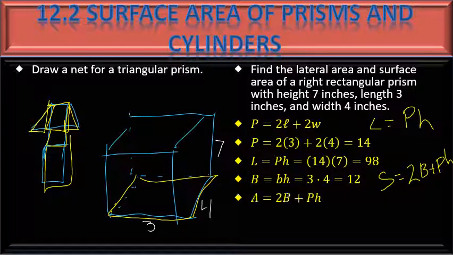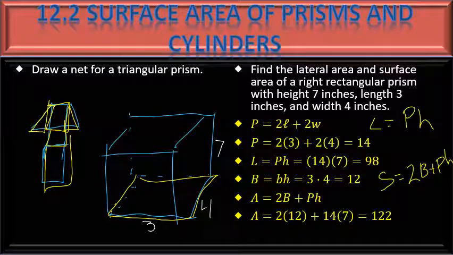So our surface area is 2 bases plus the perimeter times the height. So that would be 2 times 12 plus 14 times 7. The area of the base was 12, the perimeter was 14, the height is 7. Add those together, you get 122.